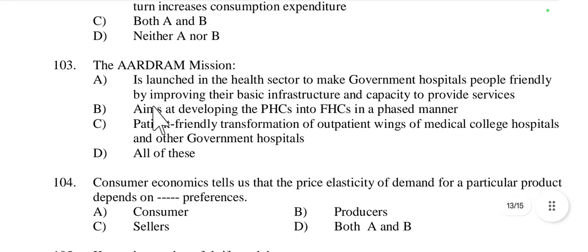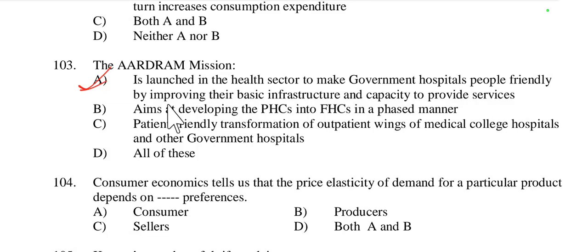Then next question, the Ardram mission. So here first one is launched in the health sector to make government hospitals people friendly by improving their basic infrastructure and capacity to provide services. It is also right.